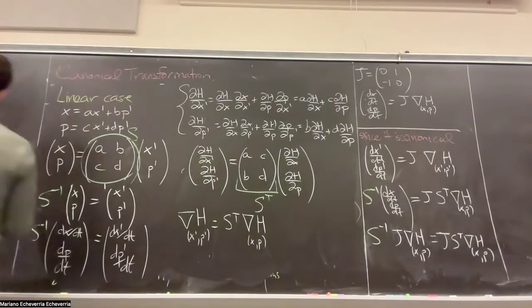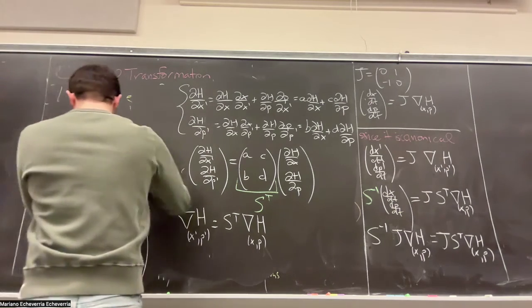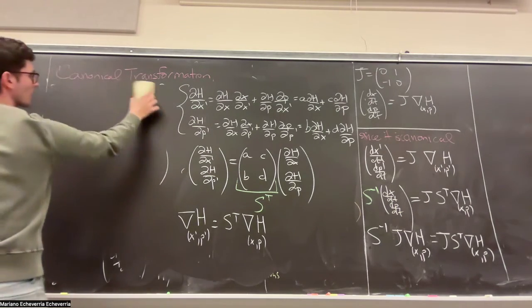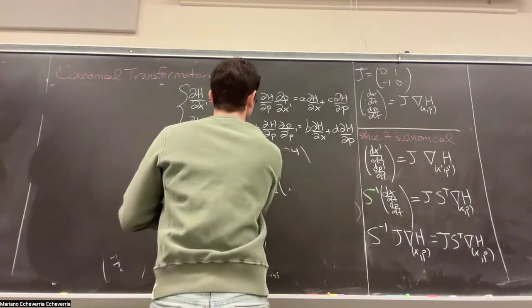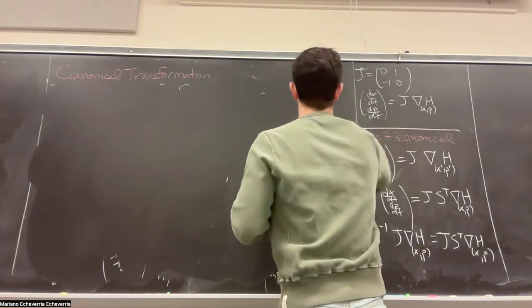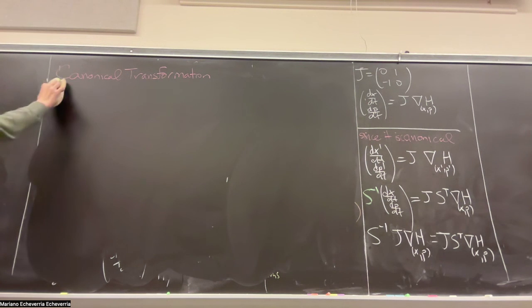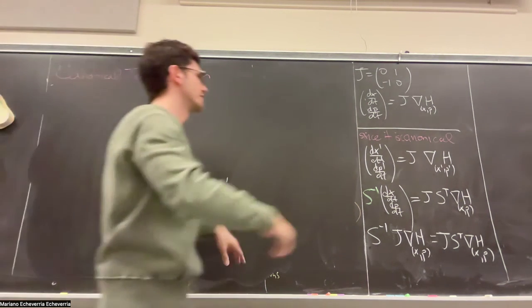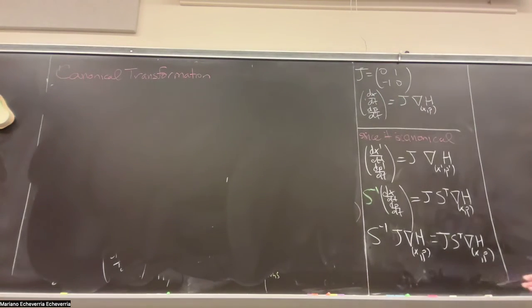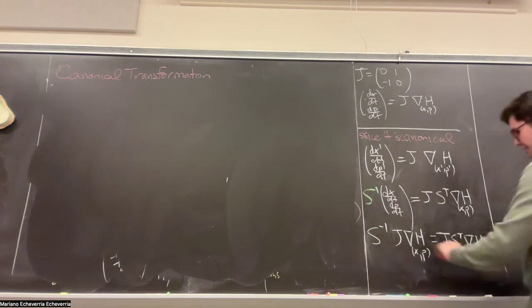So for the transformation to be canonical, if you're trying to find a condition, not to get into necessary versus sufficient conditions, if you just want something that guarantees it works all the time, forget about this side and just try to find a matrix.